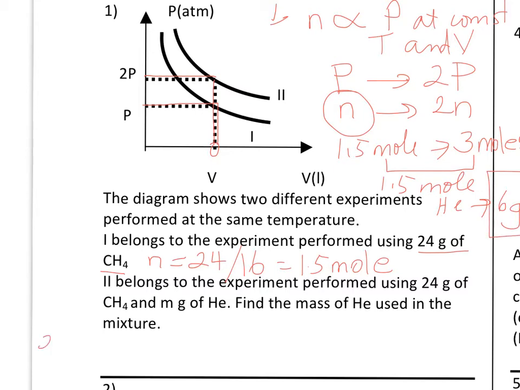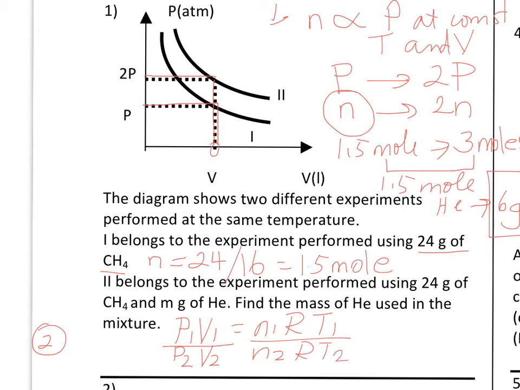A second way of doing this question would be to find the relation P1 V1 equals N1 R T1 for the beginning of the experiment, and then making a ratio with P2 V2 over N2 R T2. Let's find out which was constant in the experiment. R's, of course, are constant. Temperature was kept constant. For the same volume, we can see that the pressure has doubled.